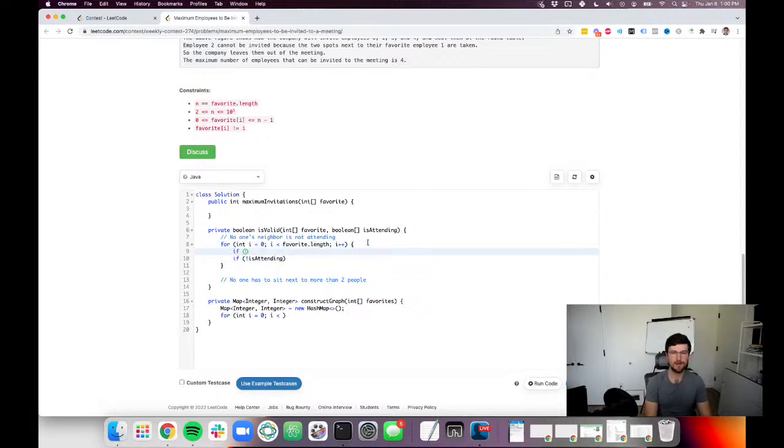So if is attending i, right? If the current person is attending, then is the person that they wanted to sit next to also attending? So if is attending i and is attending favorite i, then that basically means that we're all good.